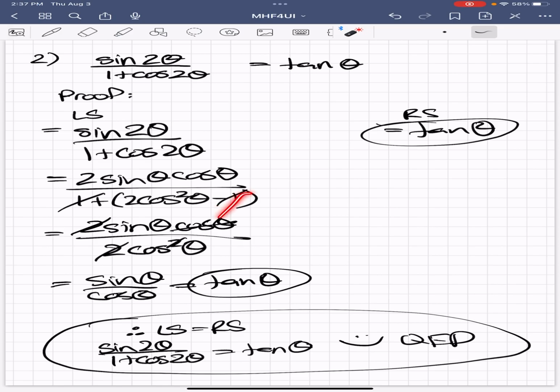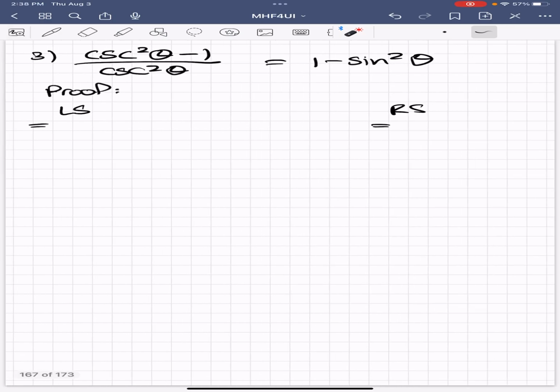And then we stroke out the ones because it's plus 1 and minus 1. And then we had 2, which was common, which we stroked out. And then we stroke out the power of 2 and the cos on top. So the cos theta on top, and we stroke out the power of 2 on the bottom. And we are left with sine over cos, which is tan. Moving on.